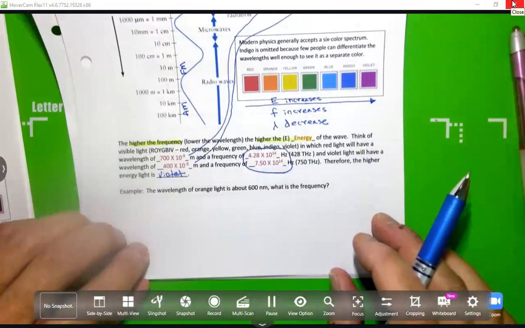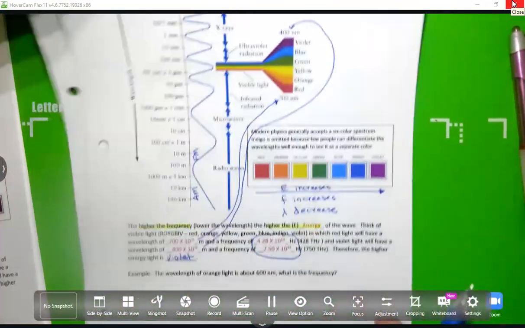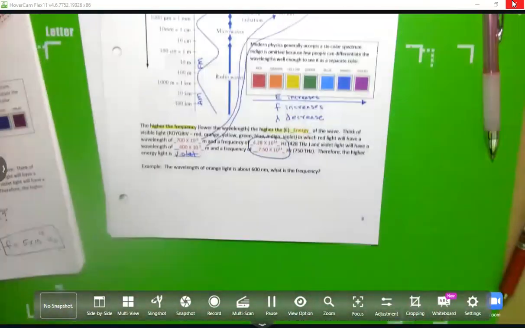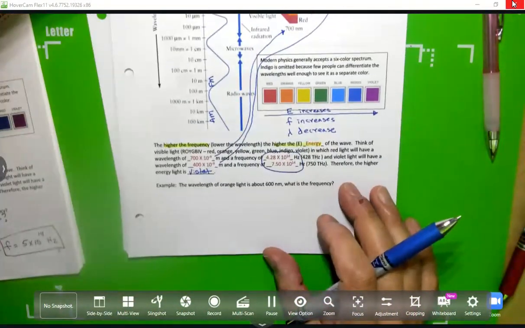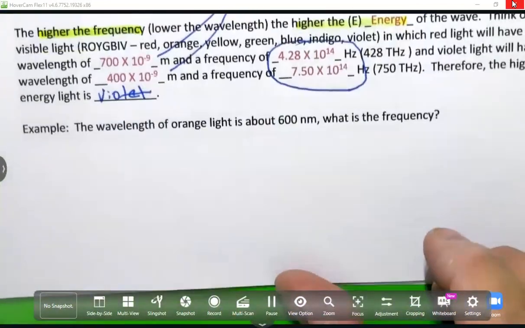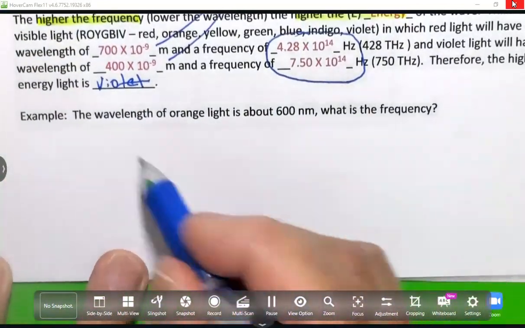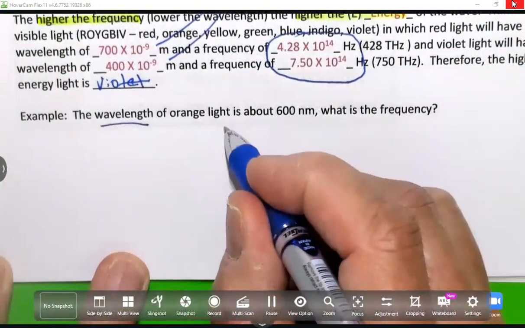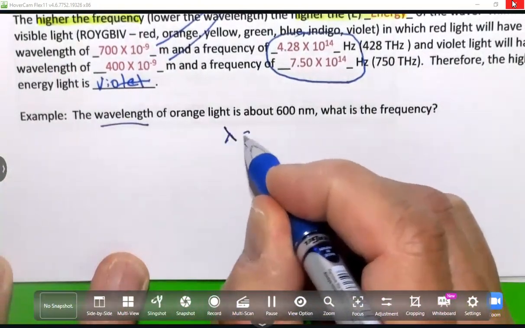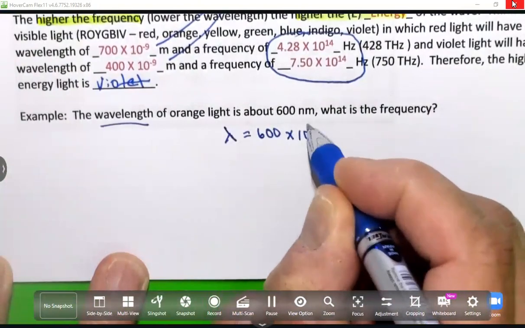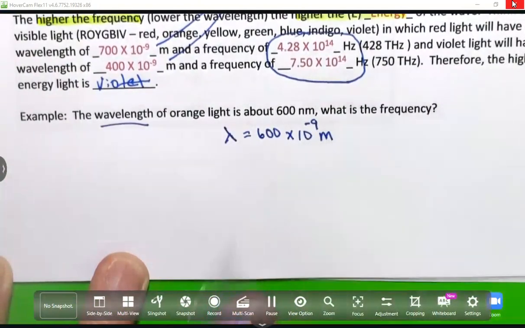All right, another quick example. The wavelength of orange light is about 600 nanometers. So this is a wavelength, so this would be 600 times 10 to the minus 9 meters.